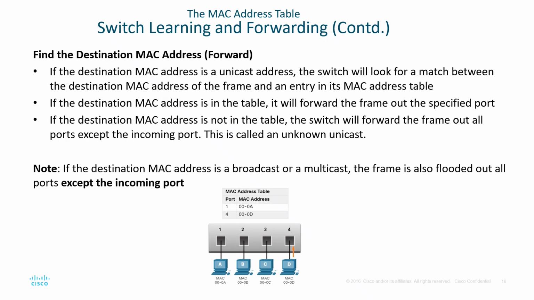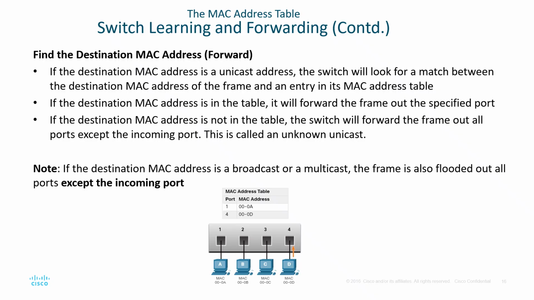Now, finding the destination MAC address is referred to as forwarding a frame of information in a switch. If the destination MAC address is a unicast, the switch will look for a match between the destination MAC address of the frame and an entry in its MAC table.